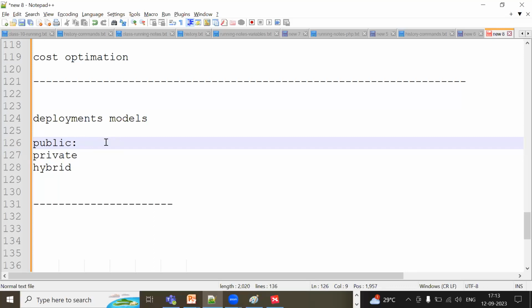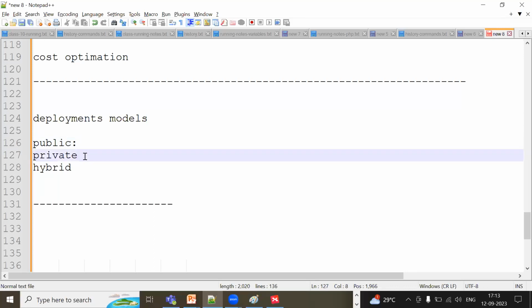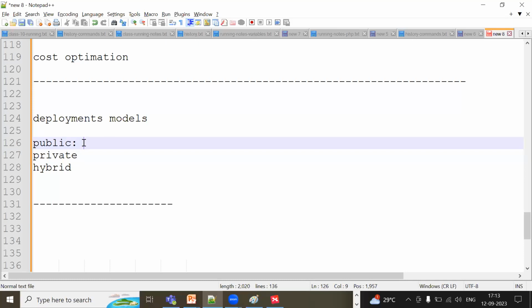A private cloud is where your own data center will be there. No other person will be coming and using your resources. In public, AWS will have, say, 1 TB of hard disk in the same hypervisor. They'll buy 10 TB or 100 TB or 1000 TB of hard disk.